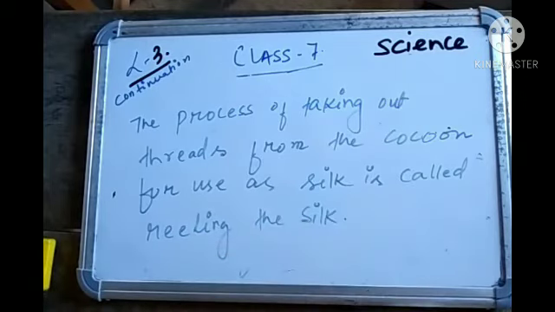What is meant by reeling the silk? The process of taking out threads from the cocoon for use as silk is called reeling the silk.